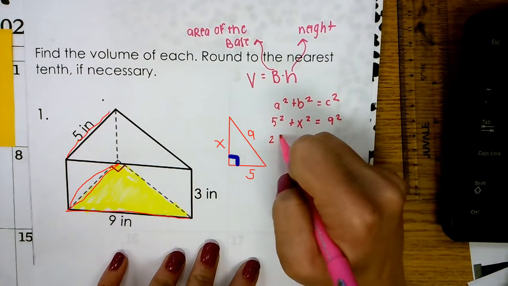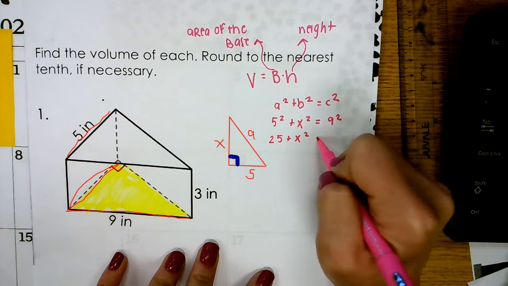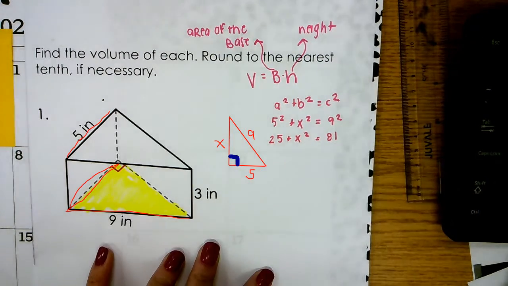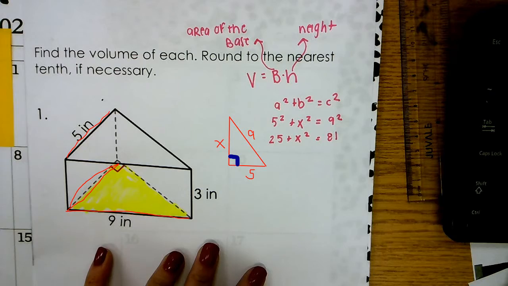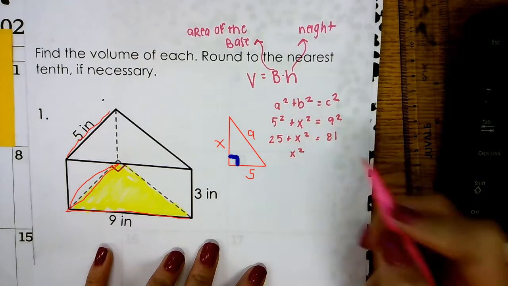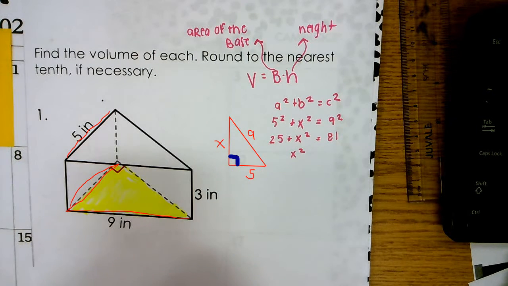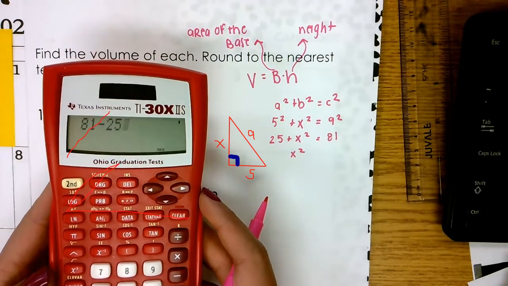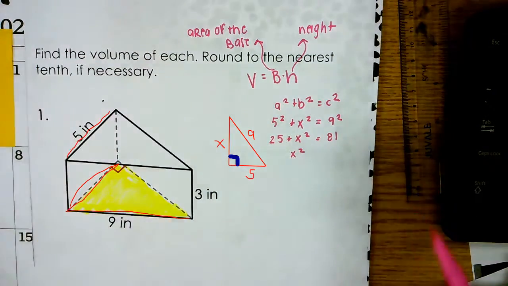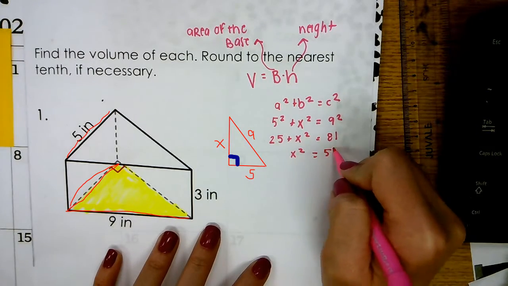So then we have 25 plus x squared equals 81, because 9 squared is 81. We want to get x by itself, so we're going to subtract 25 from both sides. When we do that, we're going to do 81 minus 25 to get 56. So x squared equals 56.